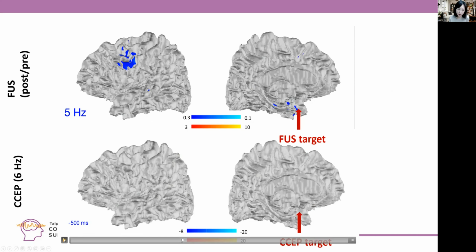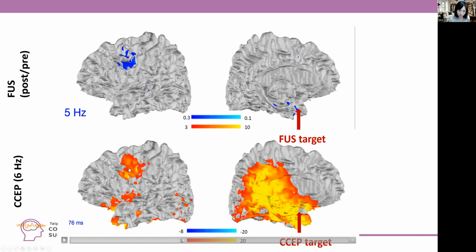For the CCEP, a similar area: when we stimulate the hippocampus, we got an activation over the dorsolateral prefrontal cortex.